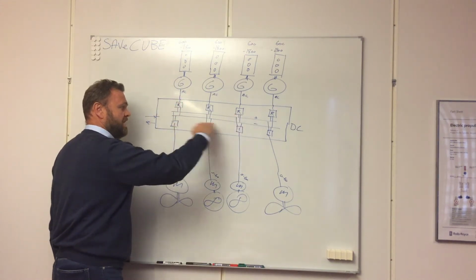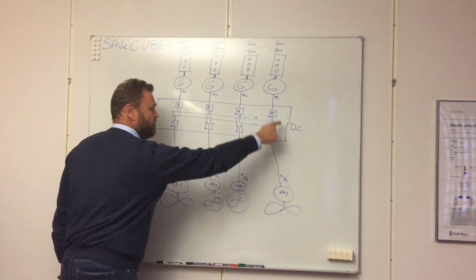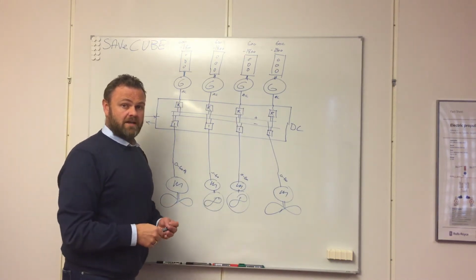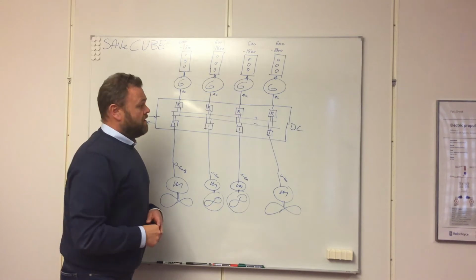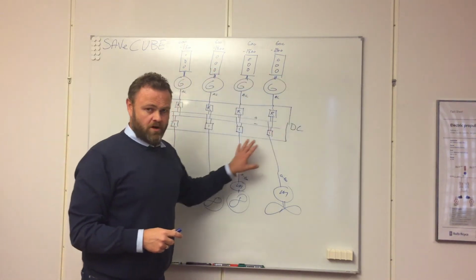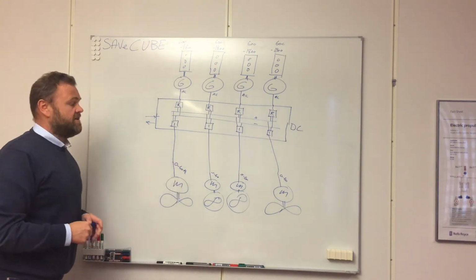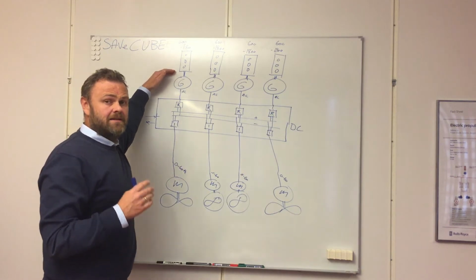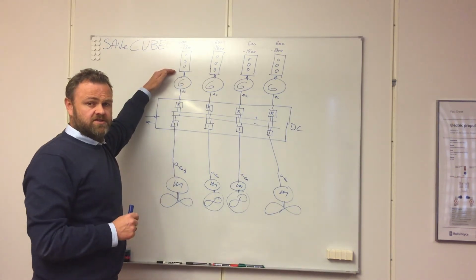They will be put inside the cube and ready installed in our factory. So it gives you a bit more small benefits in addition to the fuel saving part in low load conditions.